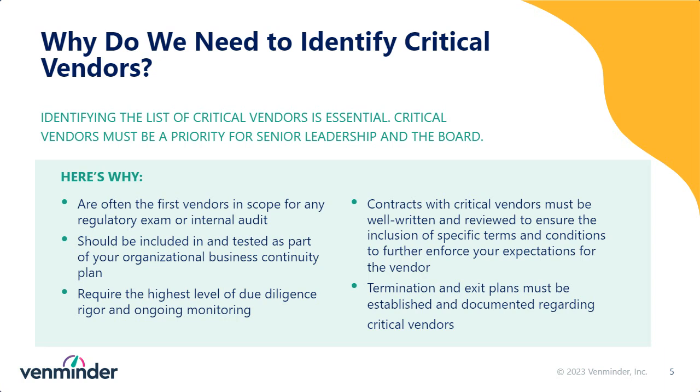And our contracts, as we write them with critical vendors, really have to be well considered and well written so that we can protect the organization and our customers. And then finally, every critical vendor should have a good exit strategy and termination plan as part of having that critical vendor, because if we need to take them out for some reason, it is going to impact our organization pretty significantly.